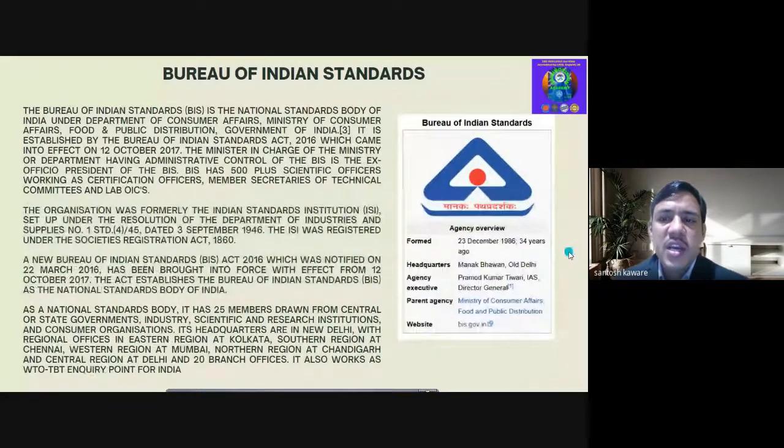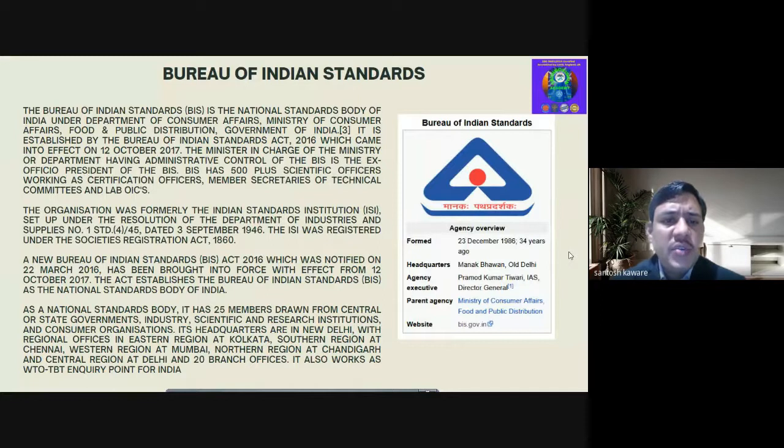Again, in India it is the Bureau of Indian Standards, BIS. It was formed in 1986 and its headquarters is in Delhi. It comes under the Ministry of Consumer Affairs, Food and Public Distribution.